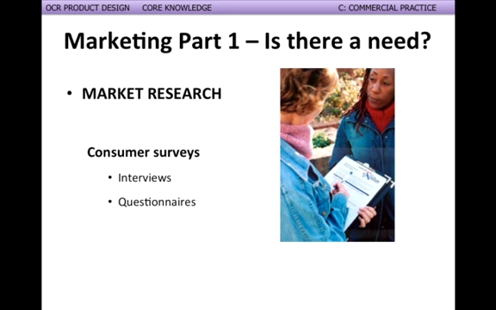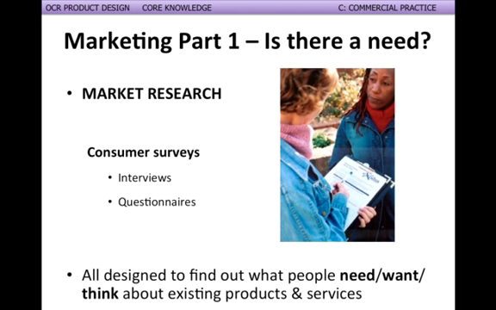So this gathering of information is called market research, and really the only two things that you have to think about are interviews and questionnaires, so like some sort of survey to find out information. Now one of the things you need to be aware of is the strengths of each of those methods. During your coursework you'll have to do some of these. Interviews are very good at getting detailed information from a few people.